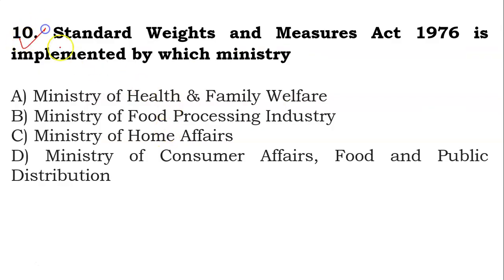Now our last question for today is: the Standard Weight and Measure Act 1976 is implemented by which ministry? Your options are Ministry of Health and Family Welfare, Ministry of Food Processing Industry, Ministry of Home Affairs, or Ministry of Consumer Affairs, Food and Public Distribution.